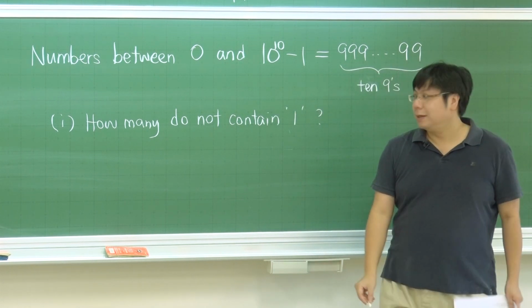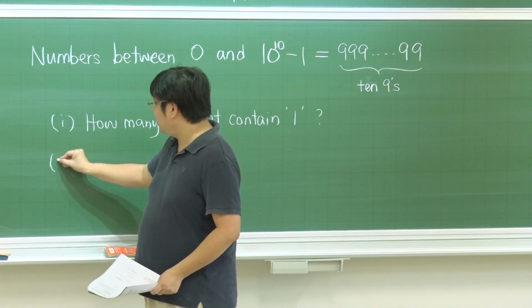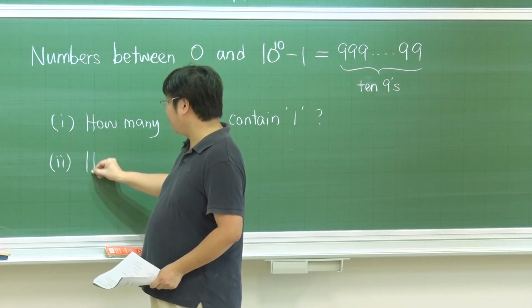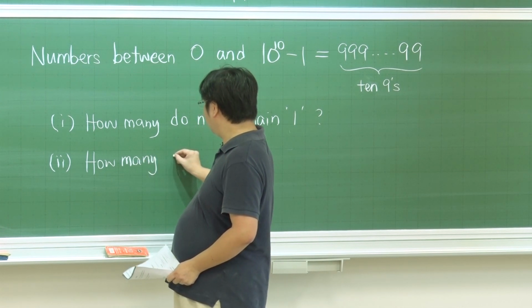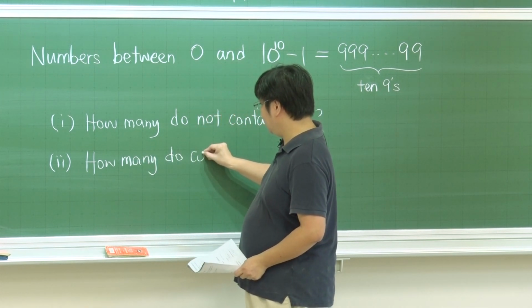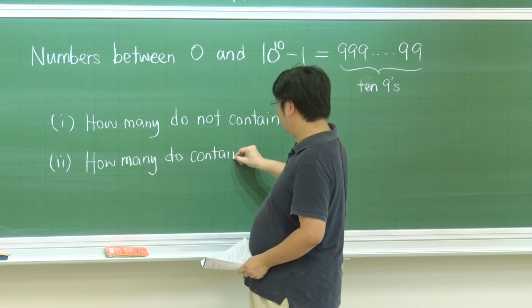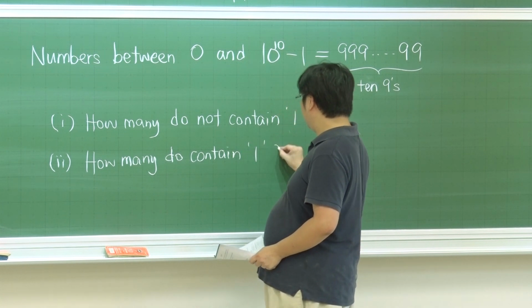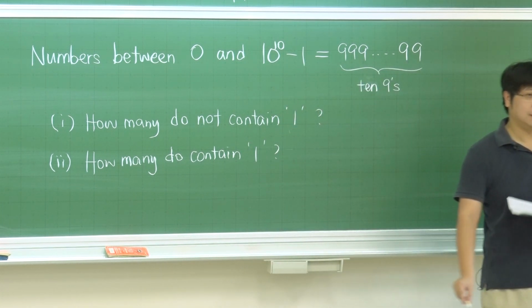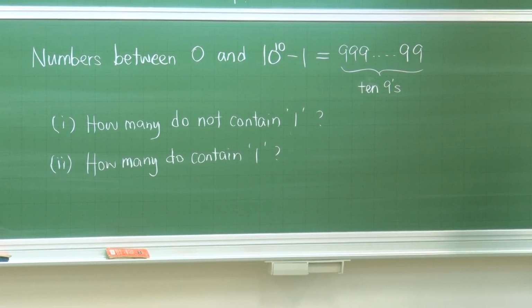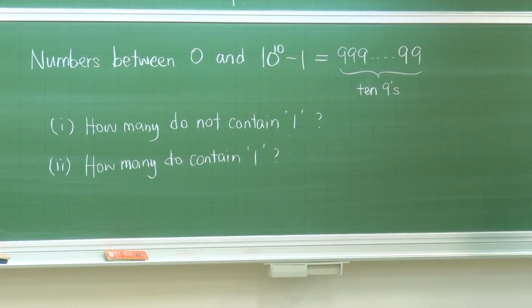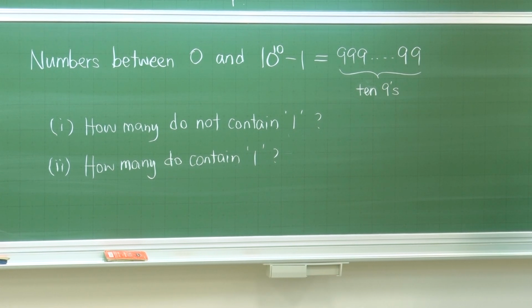And then the other is, how many of them do contain? Okay. So the first question is, there are many numbers here, and we want to find out how many of them don't have any 1s inside.